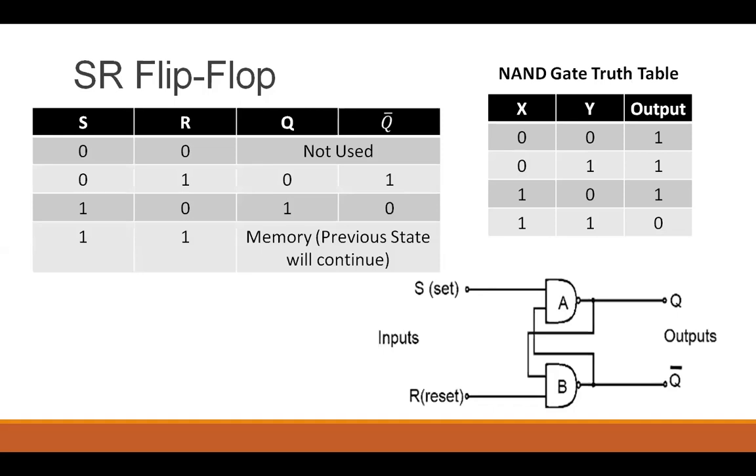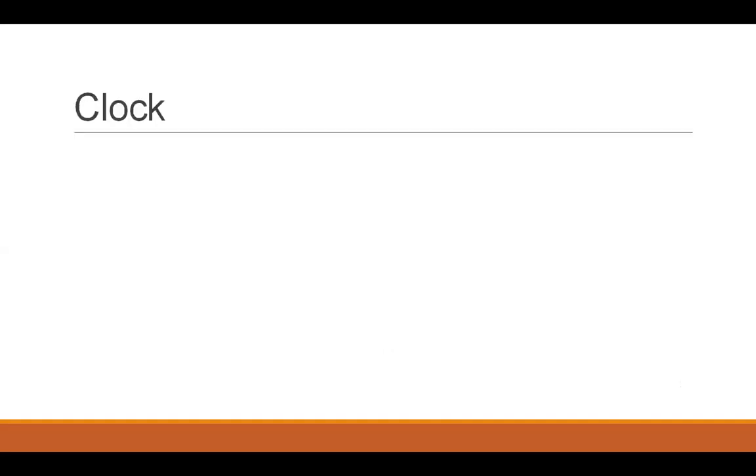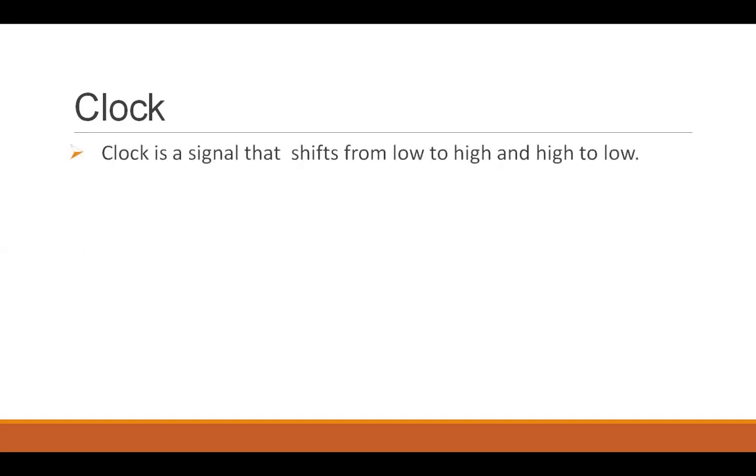So today our topic is going to be the JK flip-flop. But before we introduce ourselves to JK flip-flop, we must understand the concept of a clock. A clock is actually a signal which is used to synchronize the activities of all the memory circuits. You can say the clock acts as a controller. The clock signal can toggle between two states, low and high.